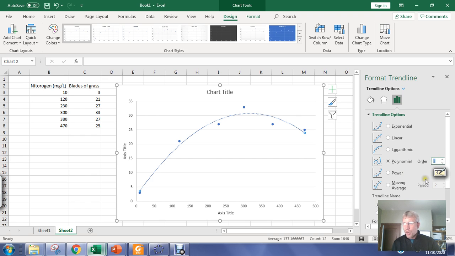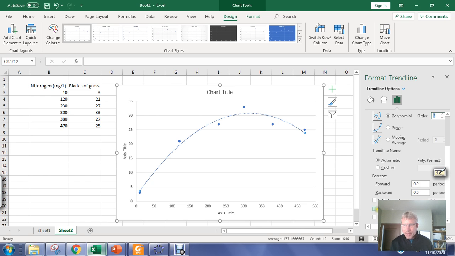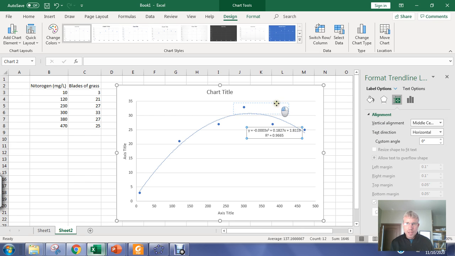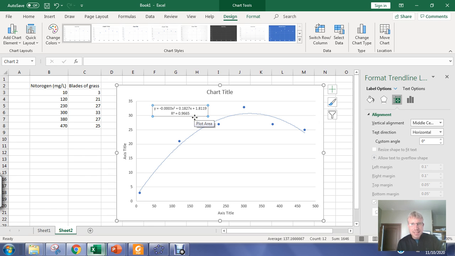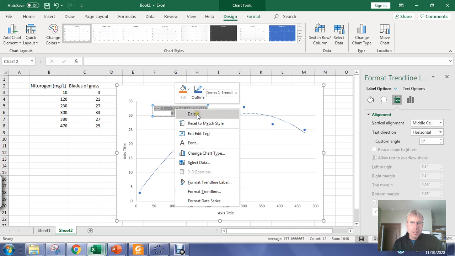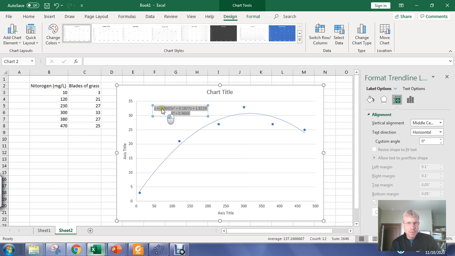That matches the largest exponent in our model. Then we'll add the equation and the r squared value to this chart. What you notice when you look at that r squared value is that it's 0.9665 now, a lot closer to 1 than the linear model was. Then we'll clean things up a little bit.